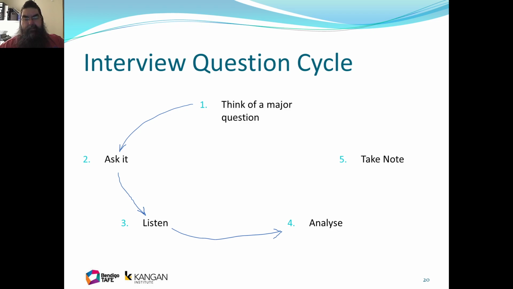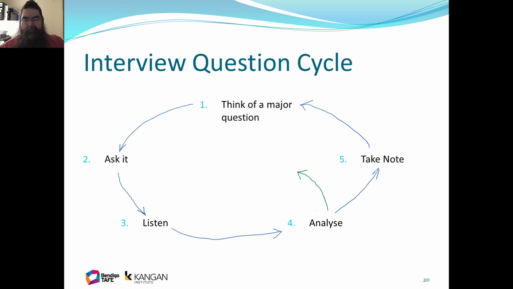You need to analyse what they've said, take notes on what you've gathered, and rinse and repeat through the rest of your questions. Coming back to step 4, as part of analysing their answer, you may need to do follow-up questions. So there's a branch point there.